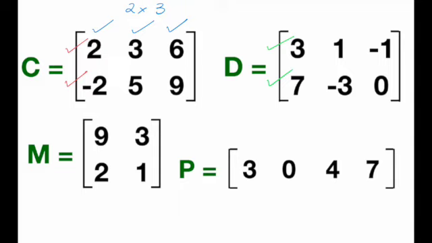Matrix D also has 2 rows indicated by the green ticks, and we can use asterisks to indicate the columns. So that's also a 2 by 3 matrix. Matrix M has 2 rows indicated by the red ticks, and the asterisks show that there are 2 columns. So that's a 2 by 2 matrix. And matrix P has 1 row indicated by the blue tick, and we've got crosses to show the 4 columns. So that's a 1 by 4 matrix.